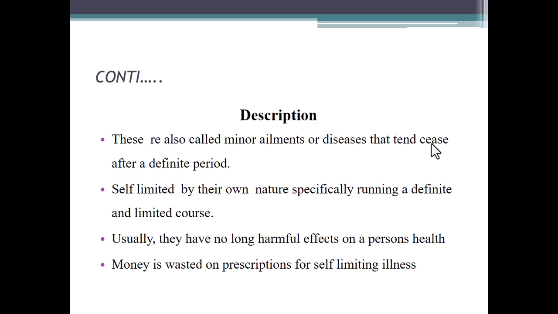And we are going to appreciate the with or without medication when we look at the different examples of self-limiting conditions. These are also called minor ailments or diseases that tend to cease after a definite time. They have a specific time that they can last in the body and they can dissolve with or without medication.